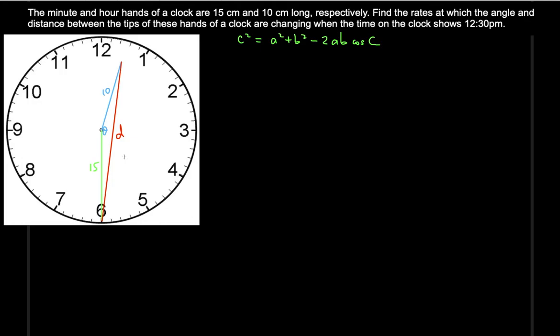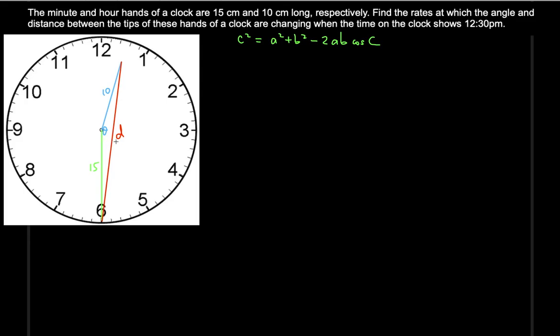So we will have to do d squared instead of c squared here because this is the longest side that represents the distance between the tips of these hands of a clock. And the angle opposite the longest side is going to be the capital C. So in this case we're going to use theta instead of C because that's the variable for the angle measure in degrees.